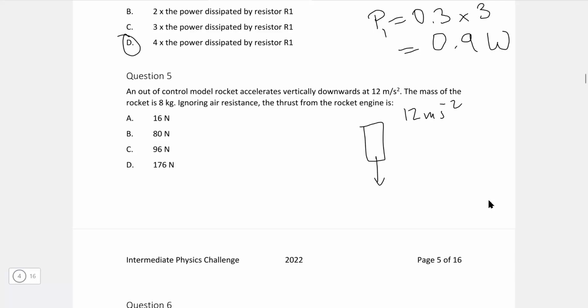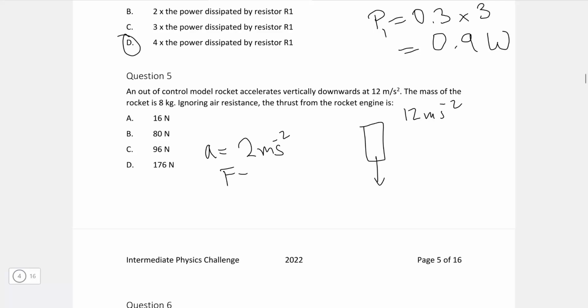Now let's take the acceleration due to gravity to be equal to 10. So this really means that only 2 meters per second squared is being provided by the engine. So we can say that the acceleration from the engine is just 2 meters per second squared.